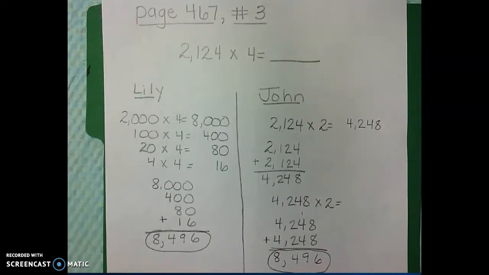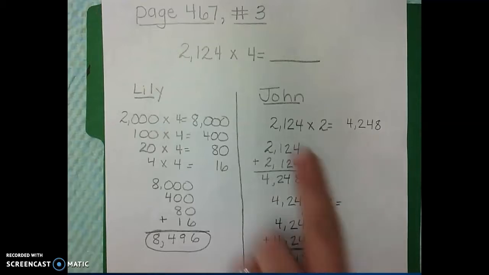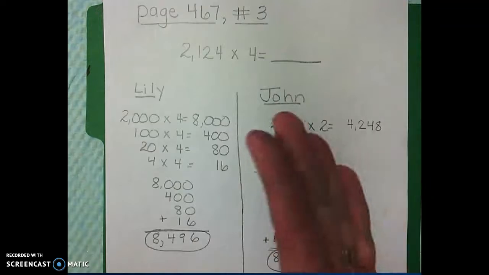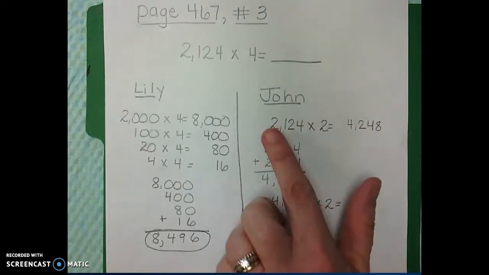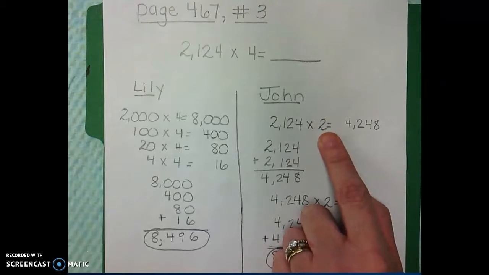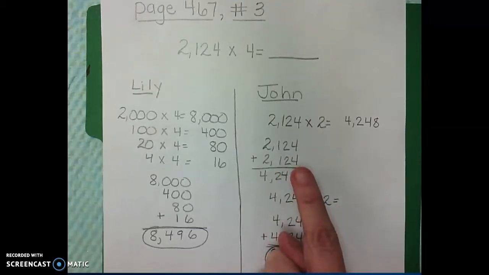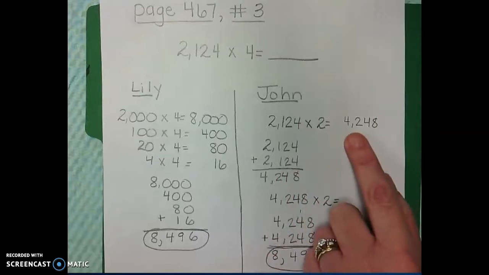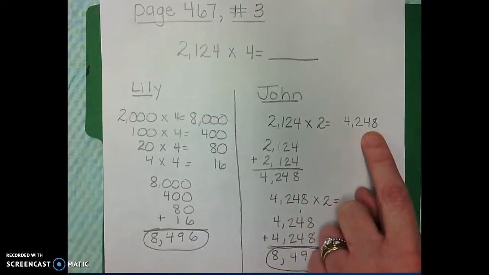Let's look at how John decided to work out this problem. John said, I'm going to make this a little bit easier, a little bit quicker, and not take as much time, with a shorter amount of steps. So John said, I'm going to take that 4 and break it into 2 and 2, because 2 plus 2 is 4. And I'm going to say 2,124 times 2. And that's the same as saying 2,124 plus 2,124, and that gives me 4,248.